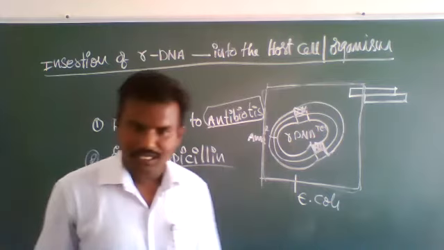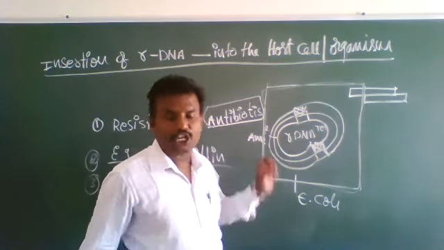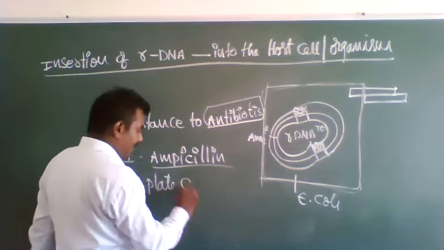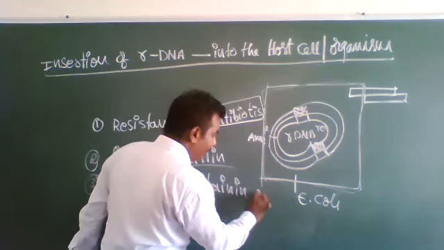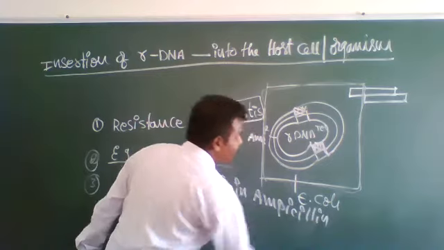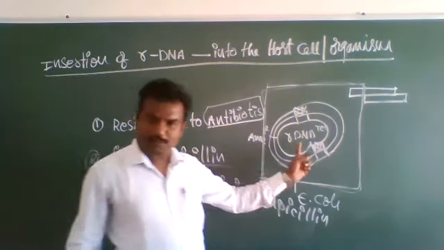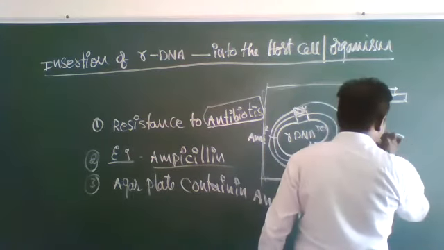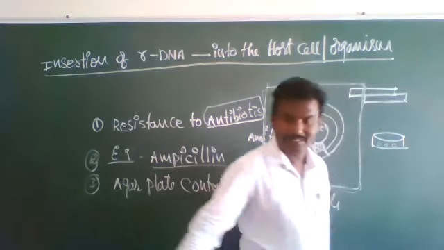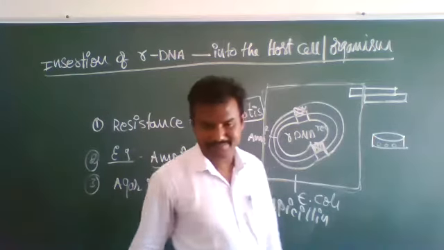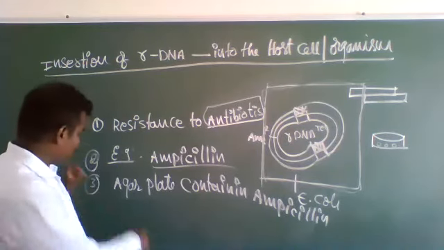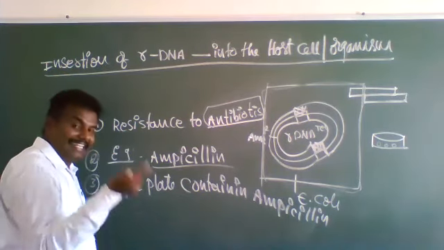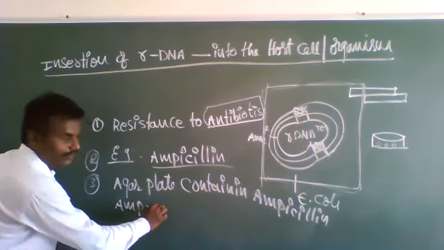Third statement. Now, if we spread this recombinant DNA on an agar plate containing ampicillin, the ampicillin-resistant gene containing cells will grow.